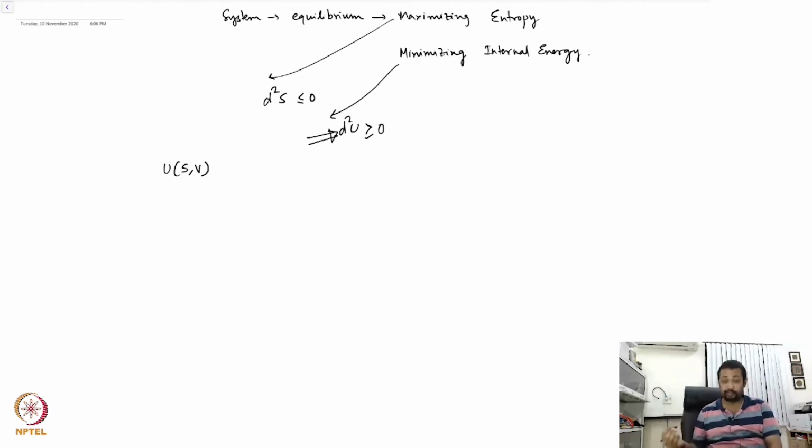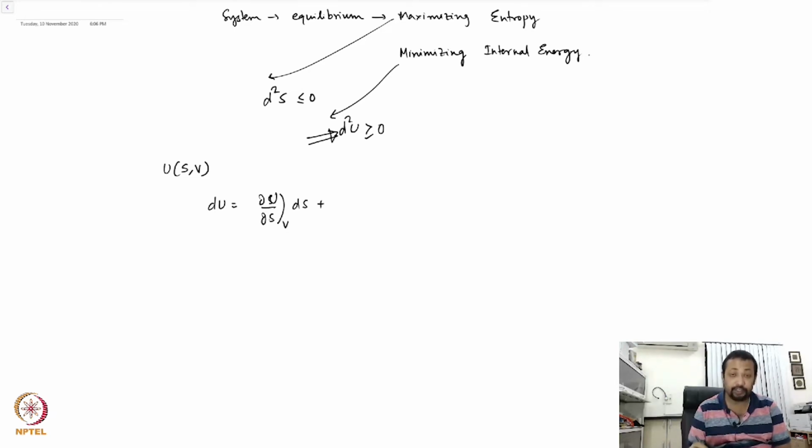One can also do the maximization of the entropy, and one should get the same result. Now clearly here, if I write down the change in the internal energy, this would be (del U/del S) at constant V times dS plus (del U/del V) at constant S times dV.